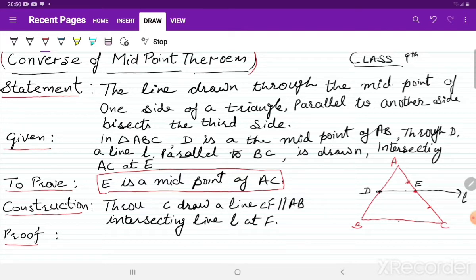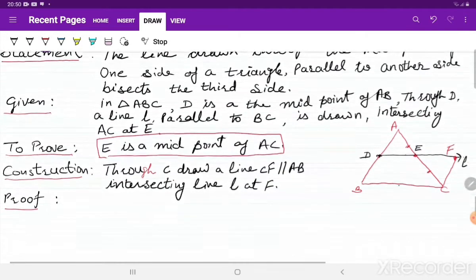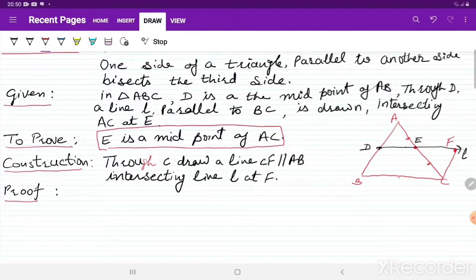Through C, we'll draw one line which is parallel to AB, that is CF, and intersecting line L at point F. So this is my point F. I take one line CF which is parallel to AB and it intersects line L at point F. Got it? This is my construction.